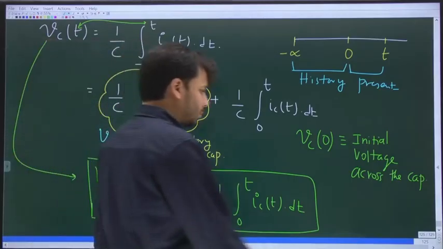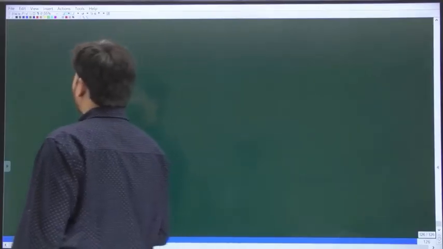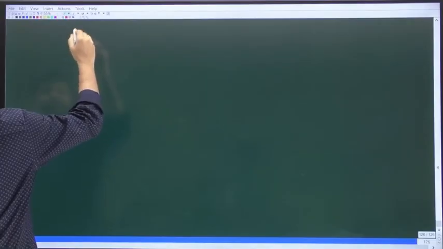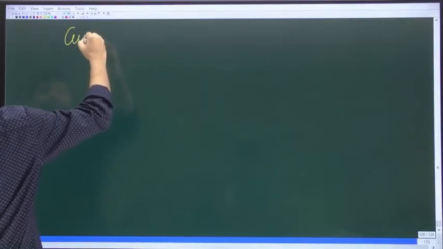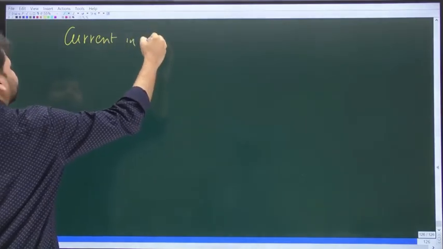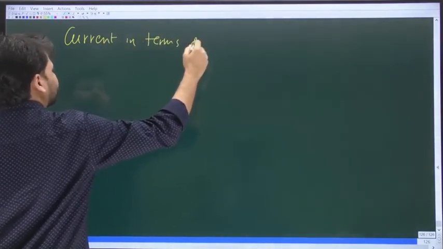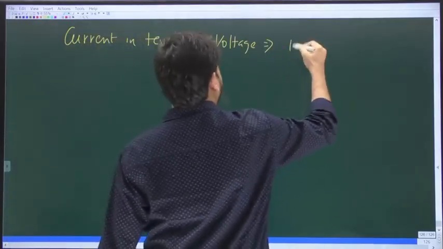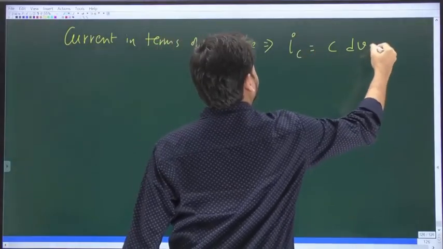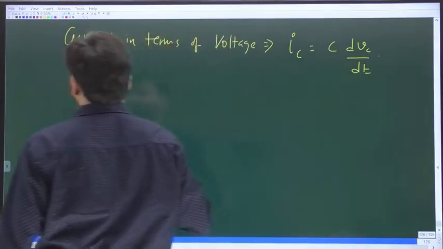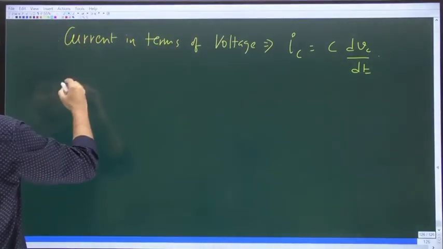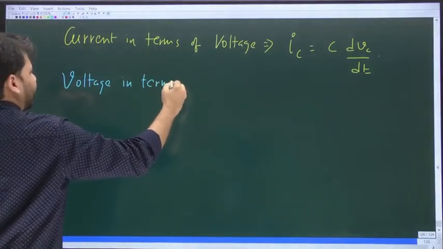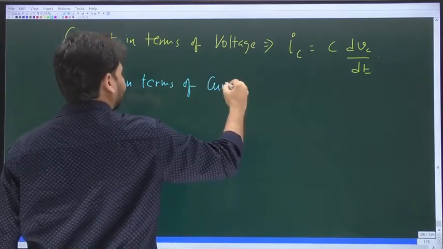Okay. So let me write both the equations at one place. First is current in terms of voltage. Ic is equal to C dVc by dt. And the second thing is voltage across the cap in terms of current.